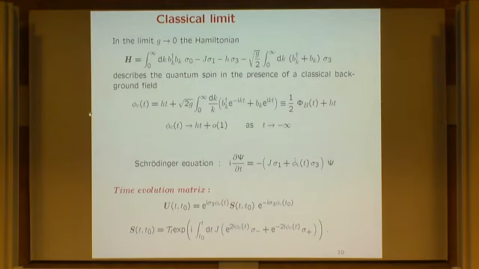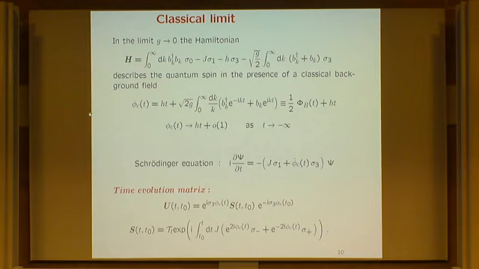Okay, first I want to explain that this problem of calculating the fidelity is related to the quantization of the auxiliary linear problem for KdV theories, or the quantization of the nonlinear Schrödinger equation.